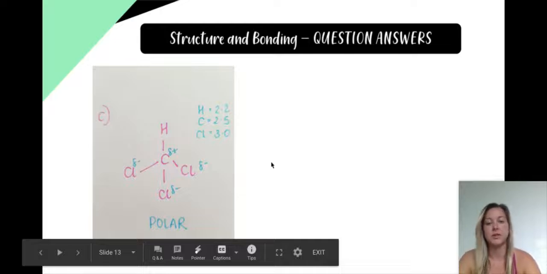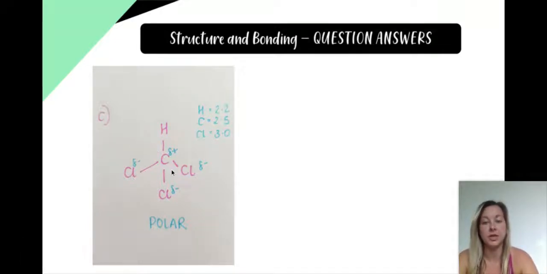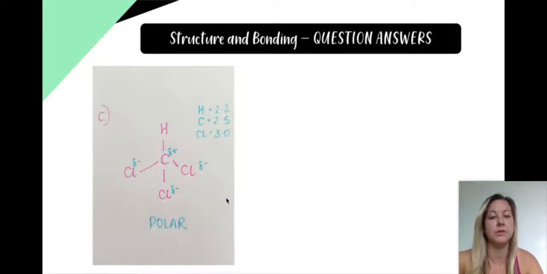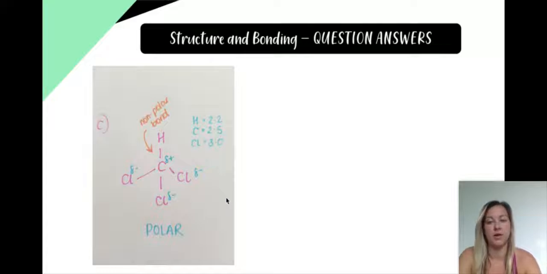Now if we look at this and just look at the charges, there is a positive and a negative side to that molecule. You could split it in half sideways, and you could, in theory, pull it along with your imaginary magnet. So if it's unsymmetrical in terms of charges, then that means it's a polar molecule.